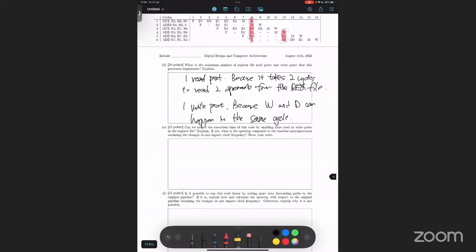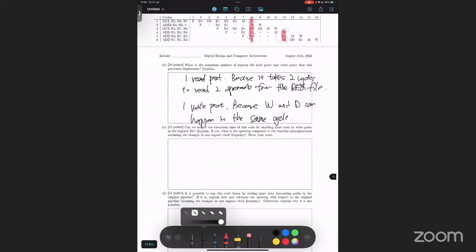But indeed, adding a read port will help the performance, because as the previous 2 questions have shown, if our instruction needs 2 operands that both come from the register file, they have to be serialized because there's only 1 read port.